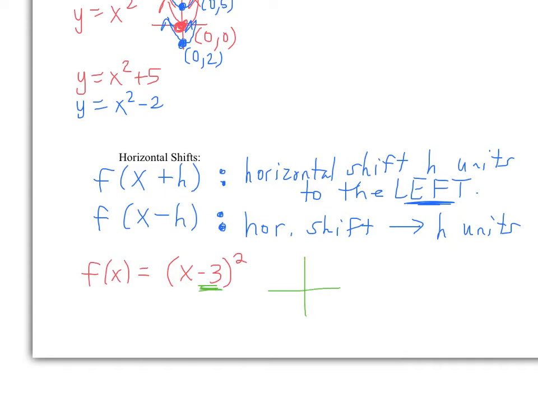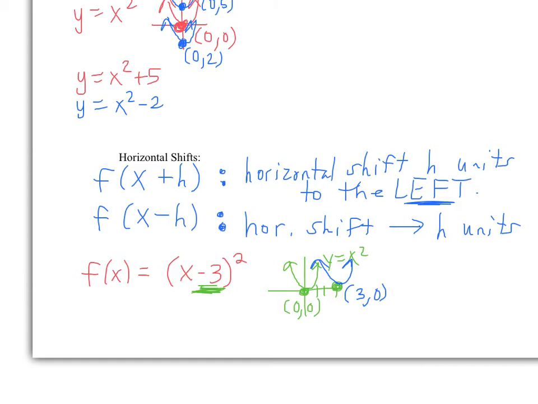So if we were to compare it to y equals x squared, now what's happening is our vertex 0, 0 is going to be shifted over to the right 3 units. So our new function would look something like this with a new vertex at 3, 0. So the first function has a vertex at 0, 0. So if we have this change going on, then the function is just moving 3 to the right.